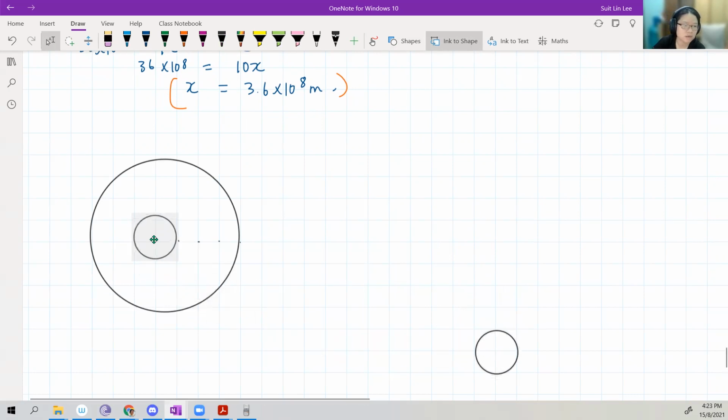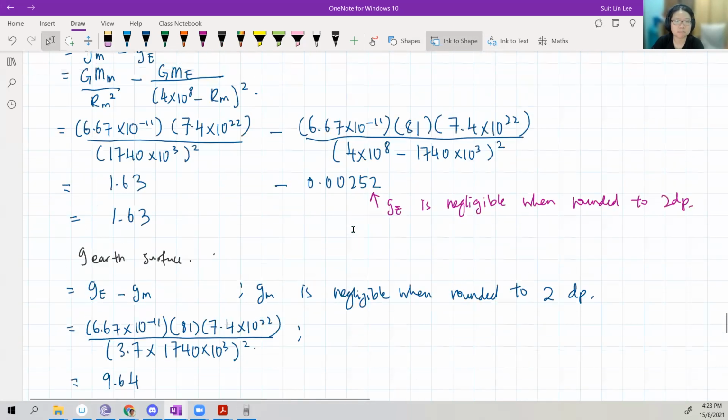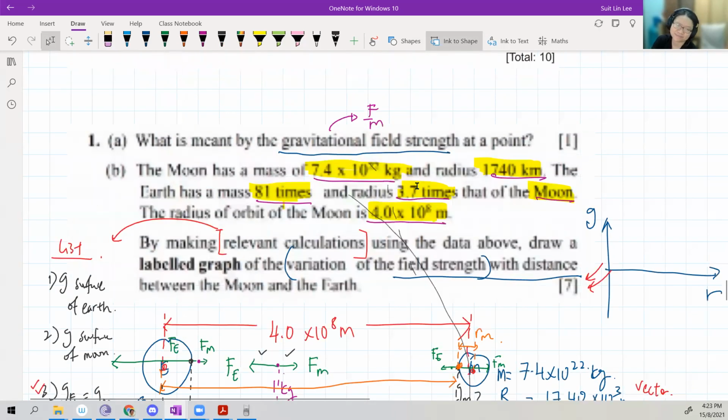Okay. I am still estimating, but it's a more reasonable estimate because now I have boxes. But the separation between them is 4 times 10 to the power of 8. Okay, to do some quick calculation, times 10 to the power of 8. So what I'm trying to do here is to know how far away do I park the moon.